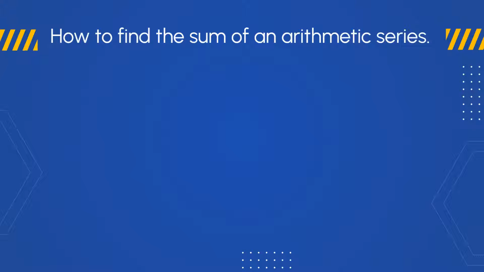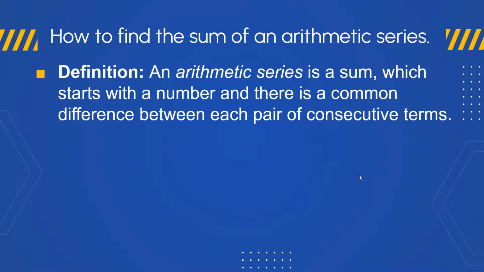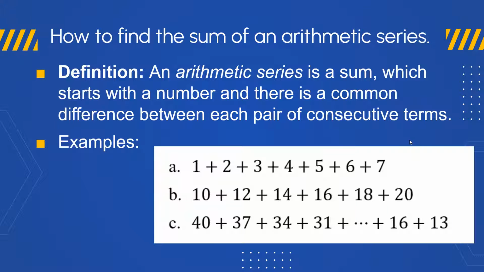First of all, what is an arithmetic series and how can we find the sum? An arithmetic series is a sum which starts with a number, and there's a common difference between each pair of consecutive terms. If you're in a college number theory class or in Math Olympiad in middle school, you probably have seen examples of this.